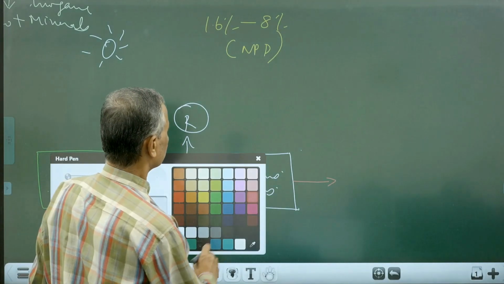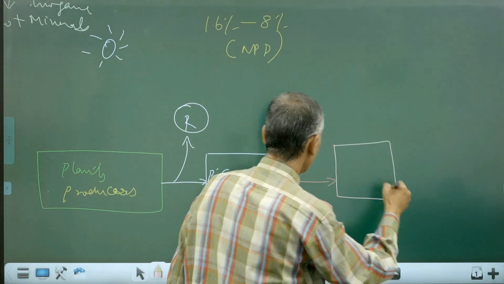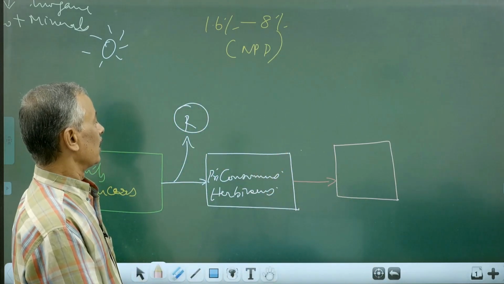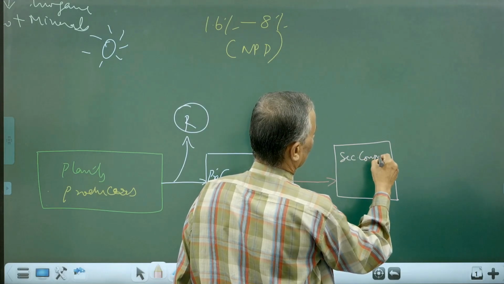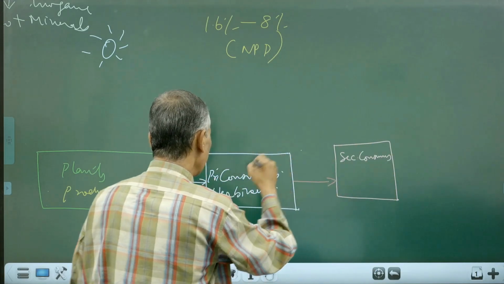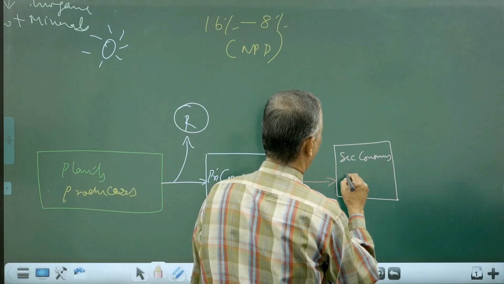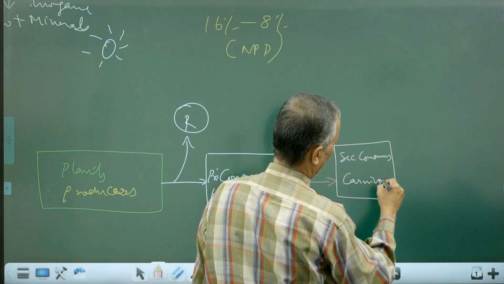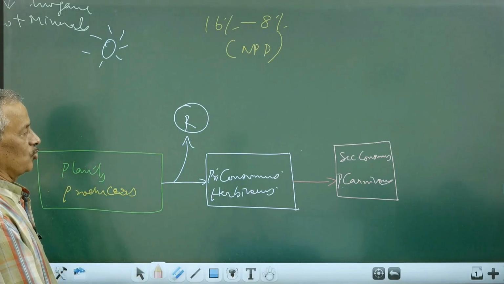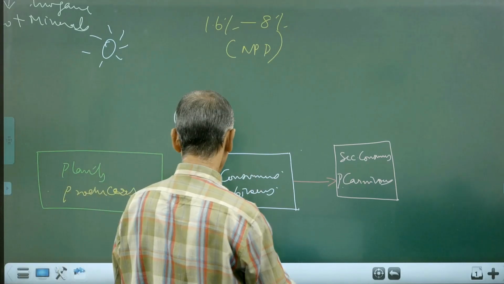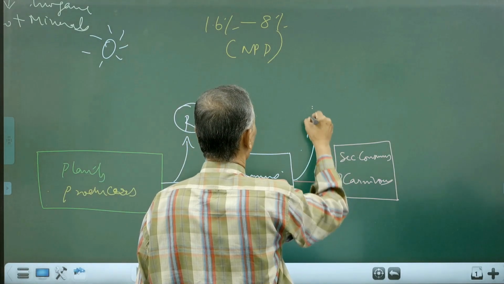Now, these herbivores are eaten by the secondary consumers. Who are secondary consumers? Those who feed on primary consumers. So they are all called carnivores. Primary carnivores are secondary consumers. And the primary consumers have already utilized some of their energy for their own respiration.